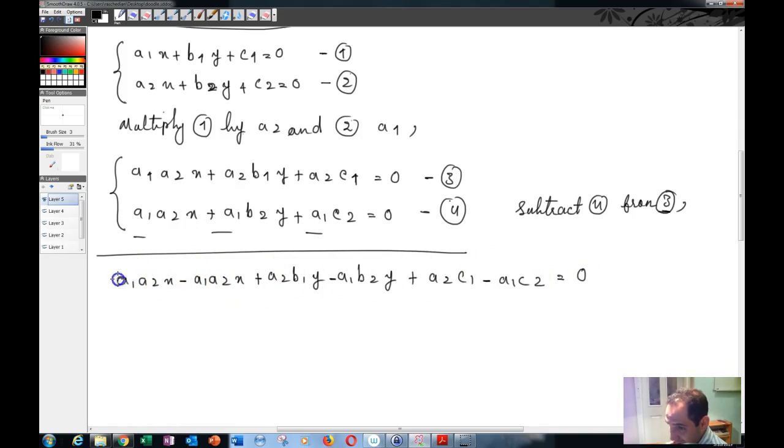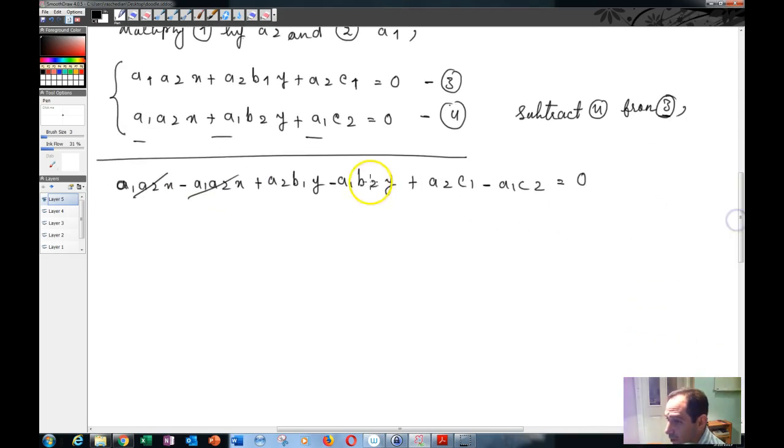And then this is a1 a2 minus a1 a2 times x, so you can cancel these two out, and then you can take the y out of these two terms, so a2 b1 minus a1 b2, and then you can take these two terms to the other side of the equation.